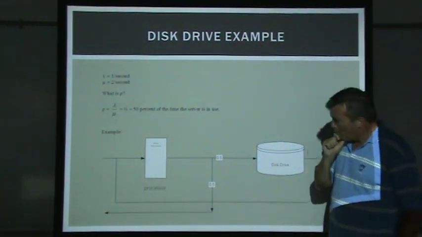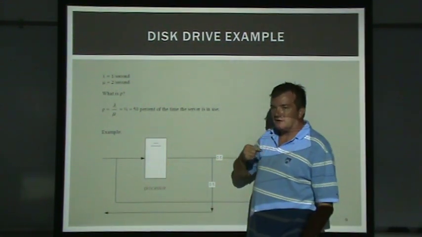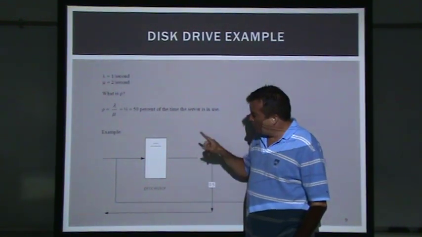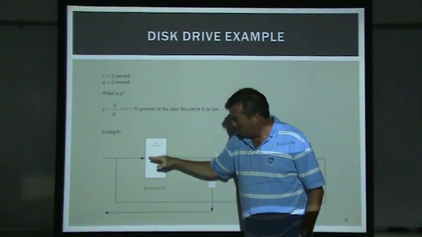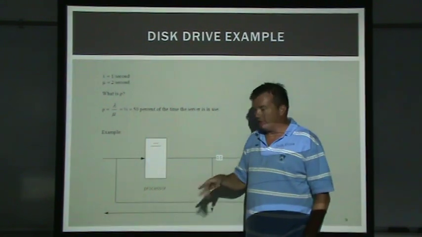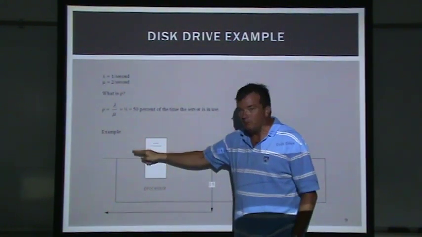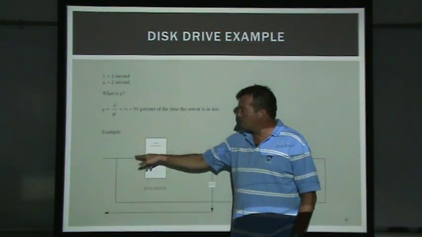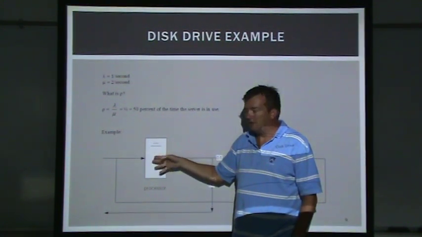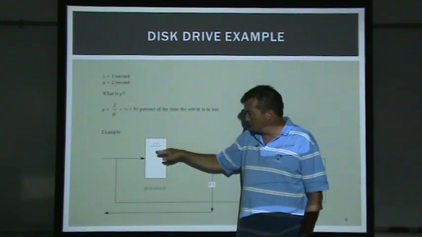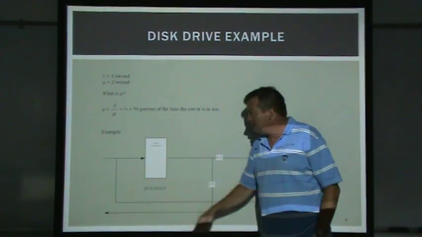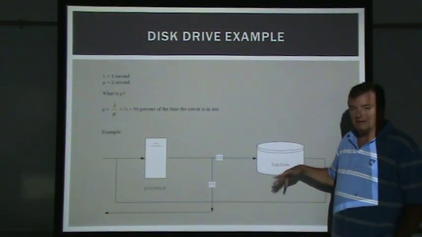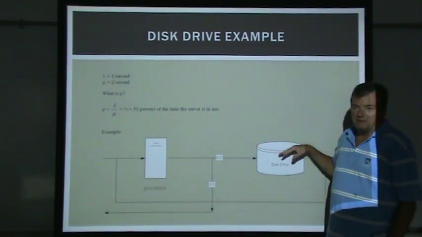So what we want to do is ask ourselves, how many times on average do we even enter this queue? Then we want to ask ourselves, how much time do we spend at this queue per visit? Add that up or multiply that. Let's say on average we visit this 4 times, and it takes 2 seconds each. Well, we're going to spend 8 seconds on average here. And then let's say we visit this queue less often, but maybe it takes more time.